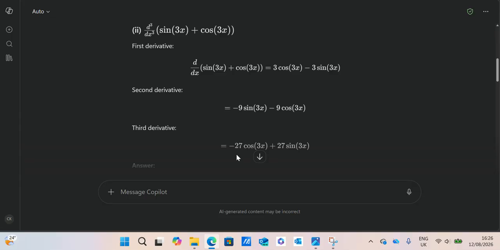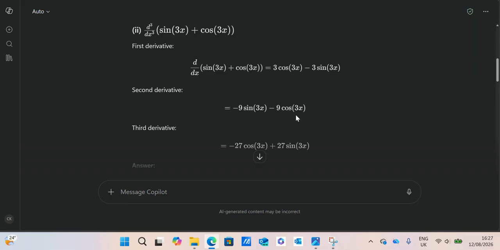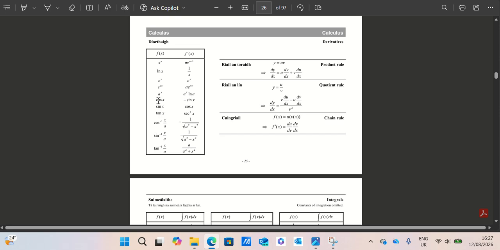And then 3 nines is 27, I suppose. And he's saying that minus sine goes to minus cos. And minus cos is going to plus sine. I've got minus cos goes to minus sine. Minus sine and minus is plus. Okay.